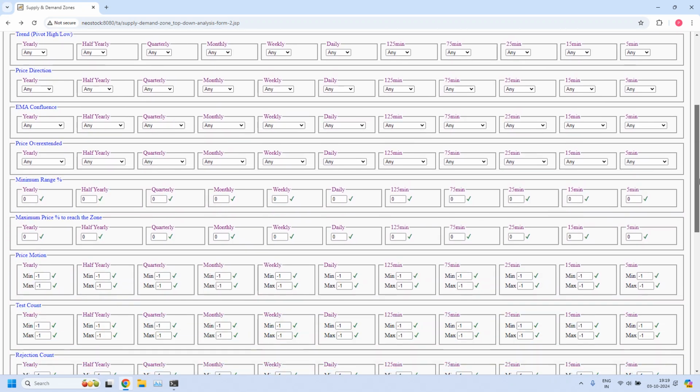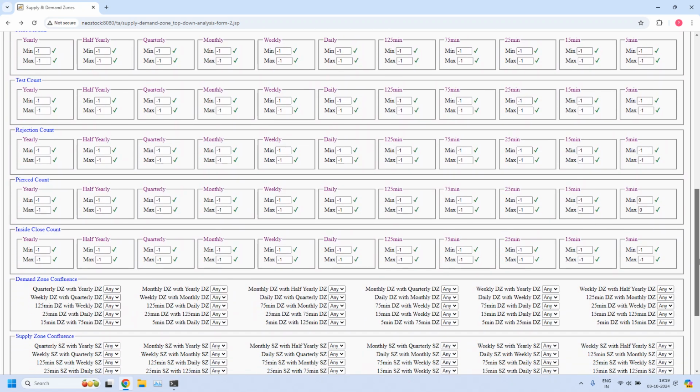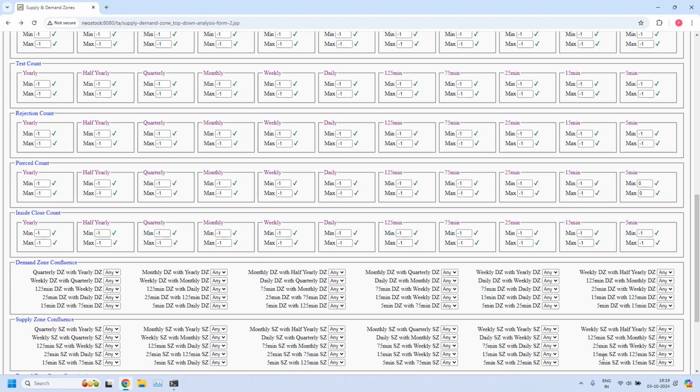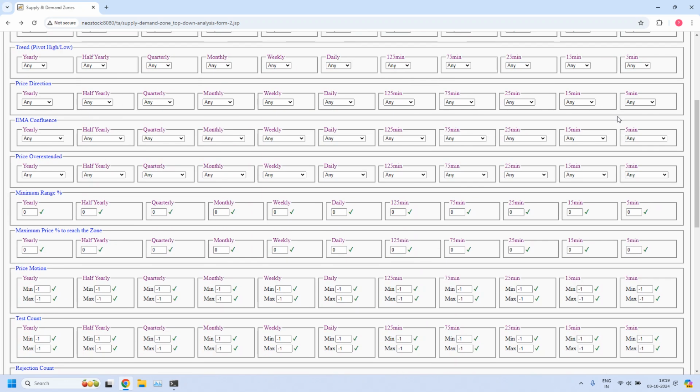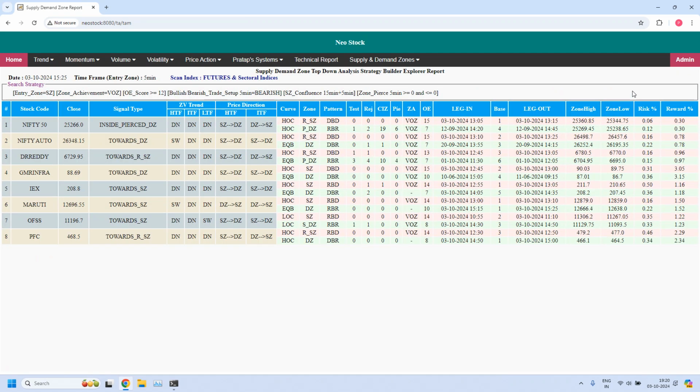So in the ITF confluence, in the supply zones, the 5 minute supply zone with 15 minute supply zone confluence filter I am enabling. Now let's verify. 8 stocks are filtered. All these 8 stocks are currently supporting ITF supply zone confluence.